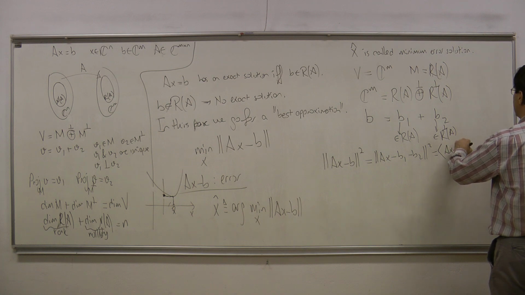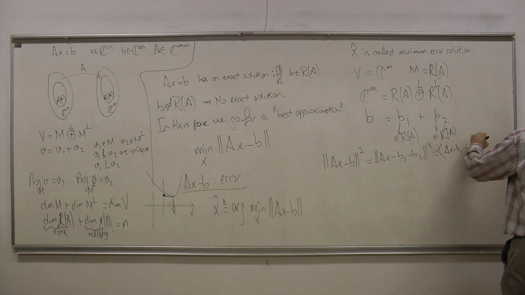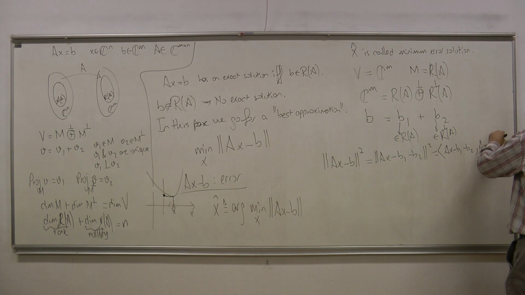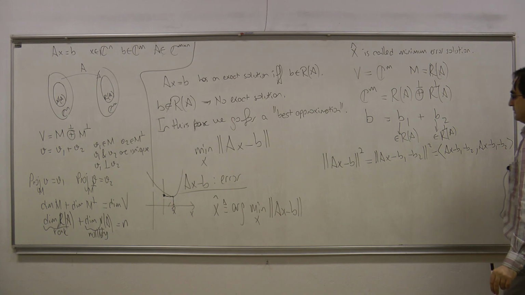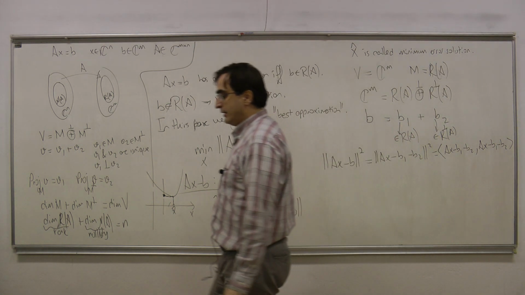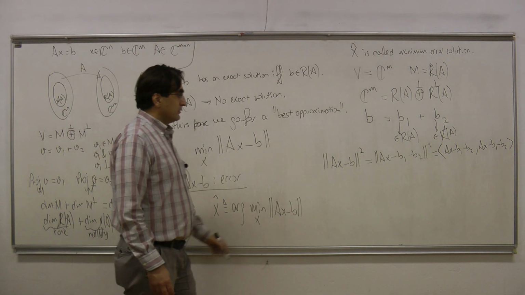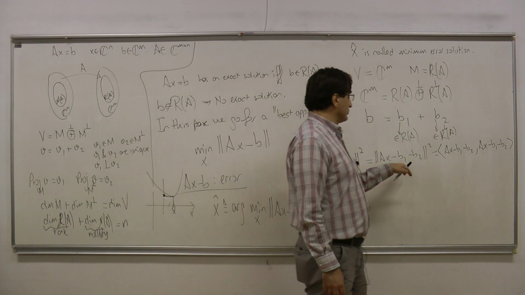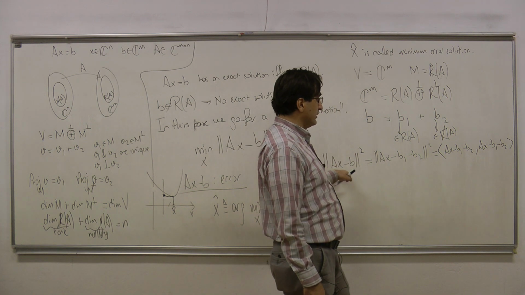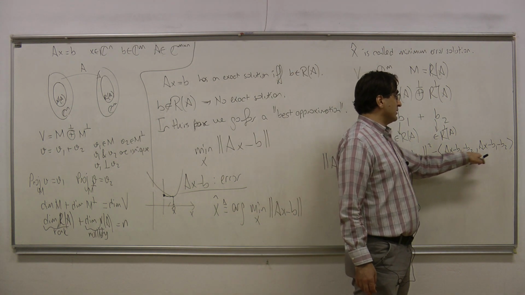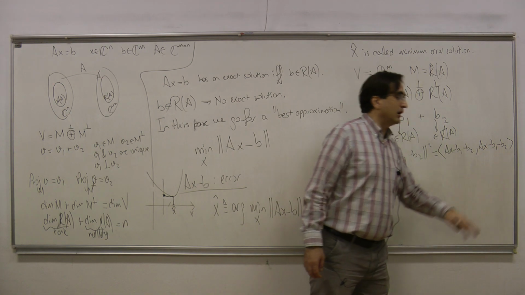AX minus B1 minus B2, inner product with itself. Okay? Since we are thinking about L2 inner product, the norm square of a vector is the inner product of the vector with itself.